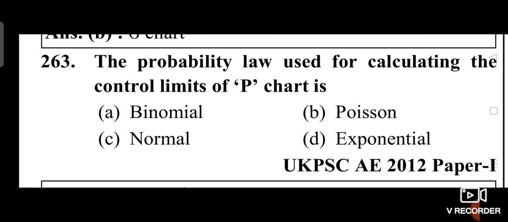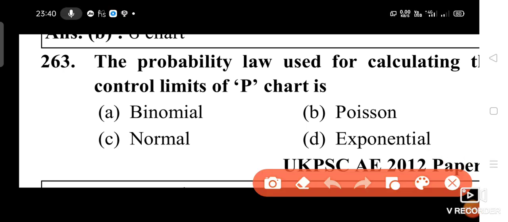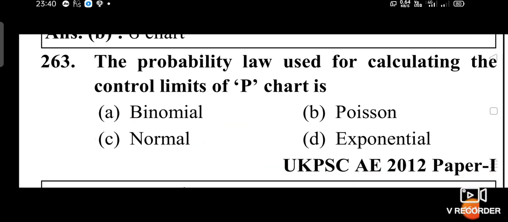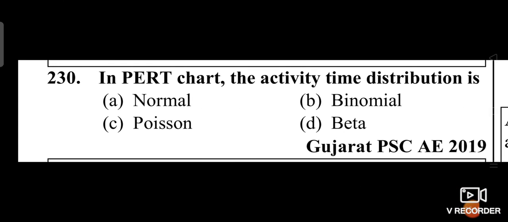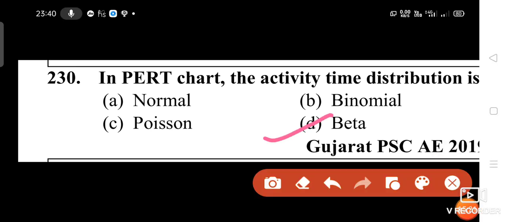Next, the probability law used for calculating the control limit of P chart, that is normal. Next, in PERT chart the activity time distribution is beta.